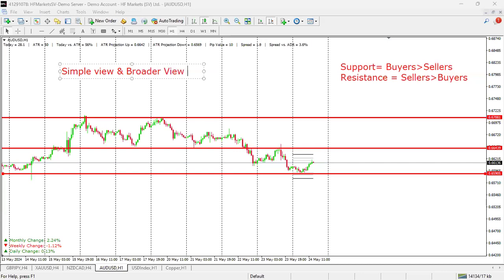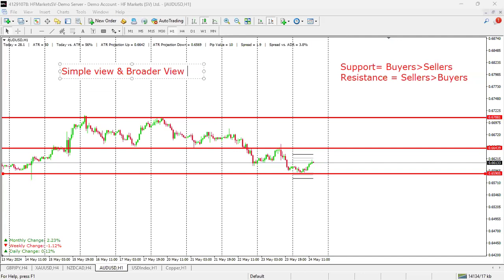So we're going to be discussing this concept under 2 different umbrellas: the simple view of trading retracements in the market and the broader view of trading retracements in the market. You're in for some special information in the session today. Just take your time and listen. We're going to do some simple simulations, but at the same time show you how they look on the chart.